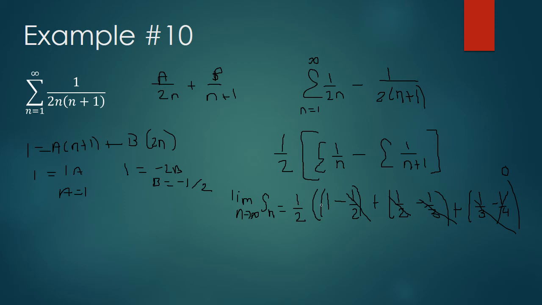So I'm going to have 1/2 times 1. So this will be 1/2 times I have 1 left, and that'll be 1/2. Since this limit exists, okay, now I didn't just do the nth term test. I did not do the nth term test. I did another test. I used the limit as S sub n is equal to 1/2.